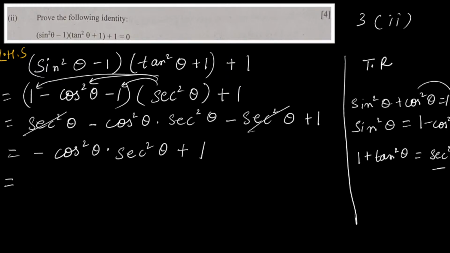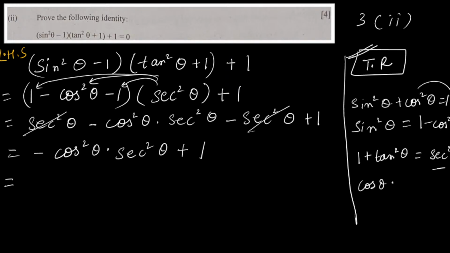Now again you have to think about the trigonometrical relation. Always think if any trigonometrical relation we can apply here. Yes, the reciprocal relation we can apply, because we know cos and secant are reciprocals of each other.